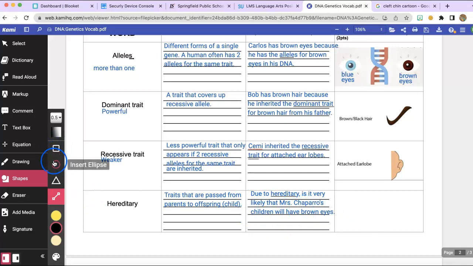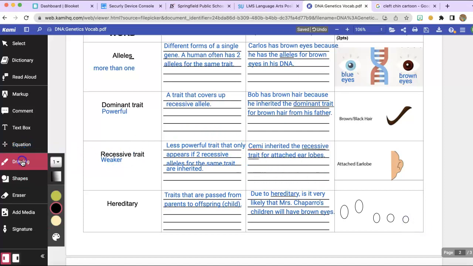We must now make a picture to match. I'm going to draw me. I'm going to draw Mr. Chaparro. And let's see here. Here's some of our kids. And I'm going to add our bodies. Just a second. Don't start hating on me yet. So yes, I'm drawing stick figures.